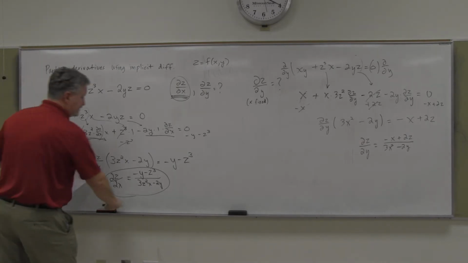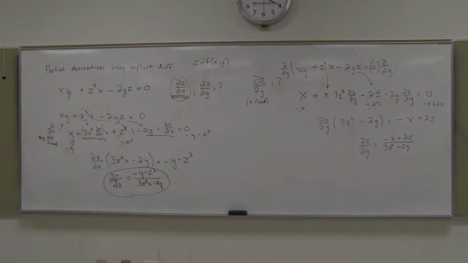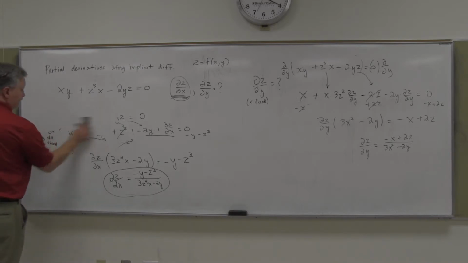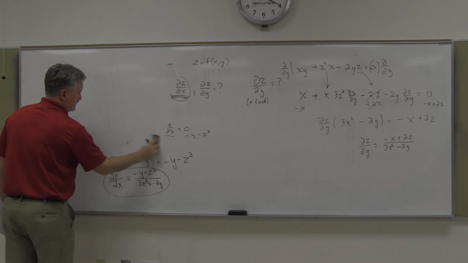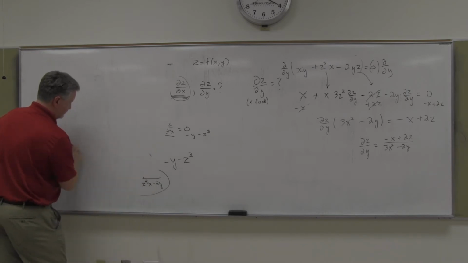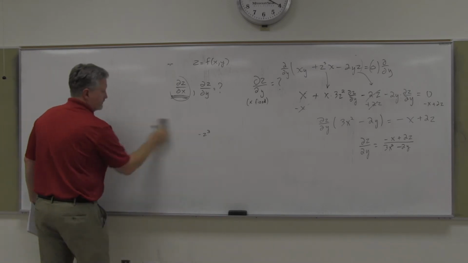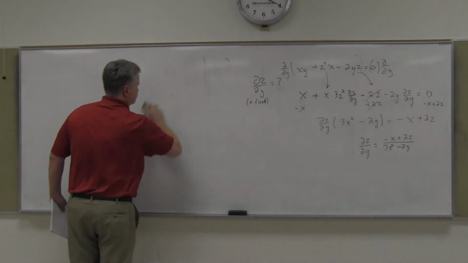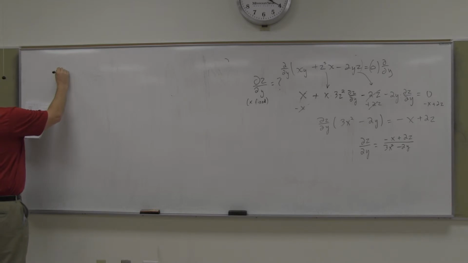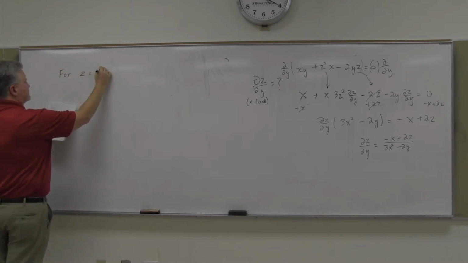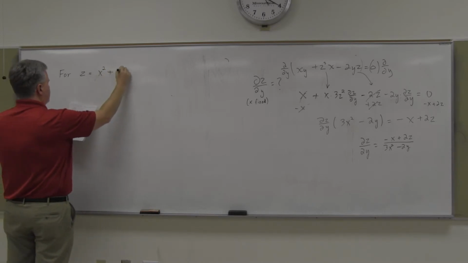Now, again interpreting what we're finding here. All right, let's say we've got z equals x squared plus y squared.